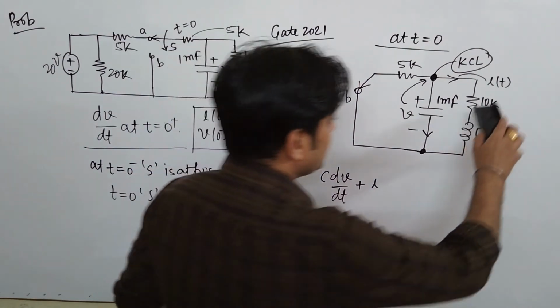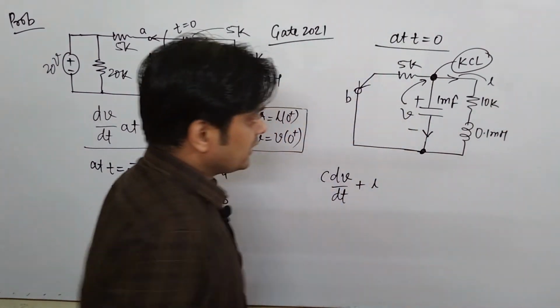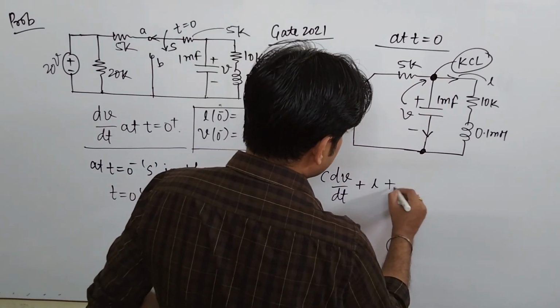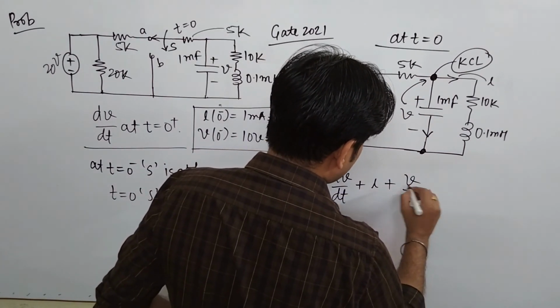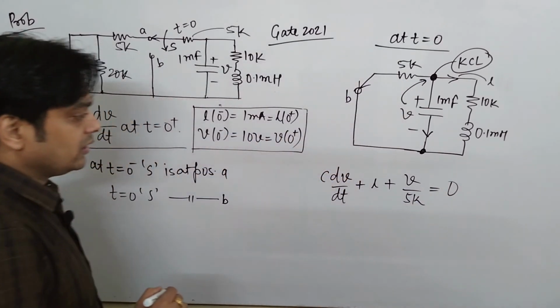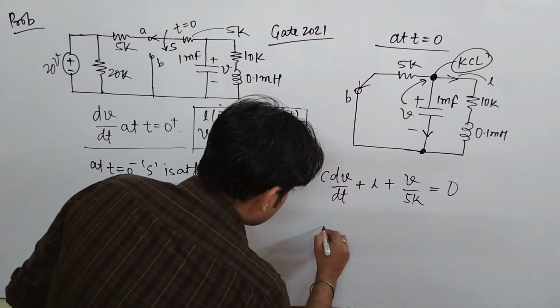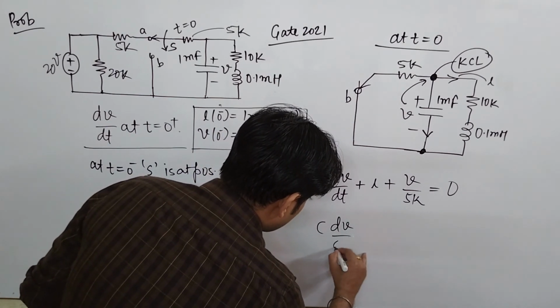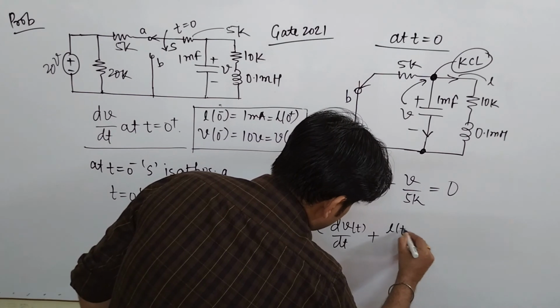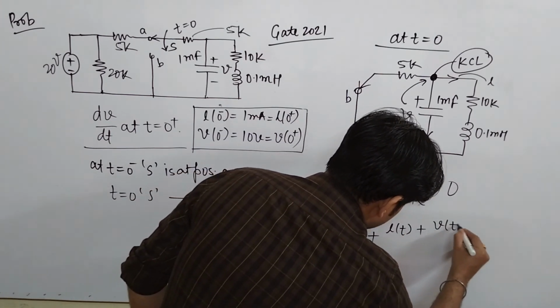Do not confuse it with the I current, okay. And this current you can say is V by 5 kilo-ohm, that is equal to 0. It is in K, okay. So I write this equation also as dV upon dt, a function of time t, in this manner.